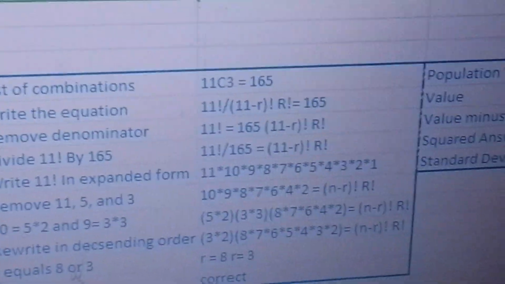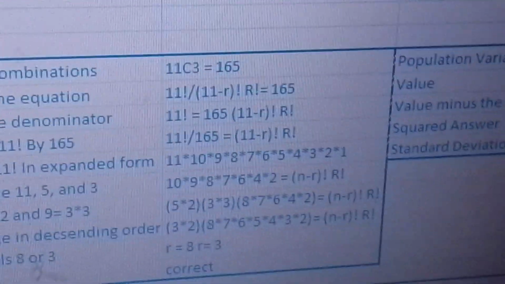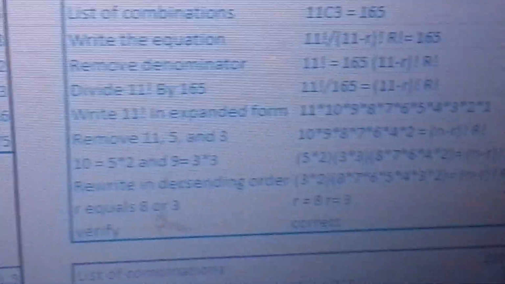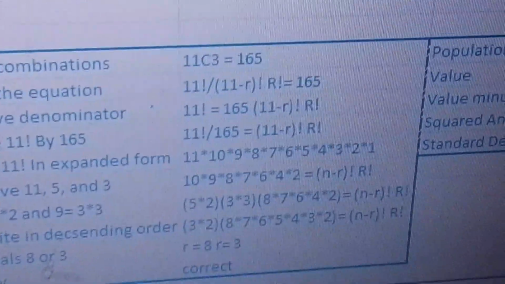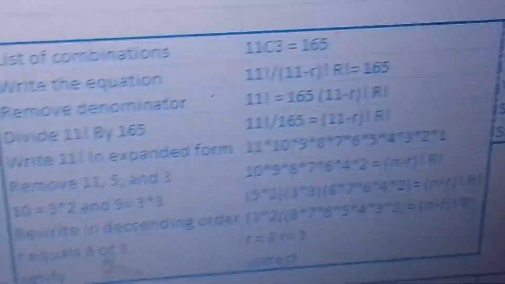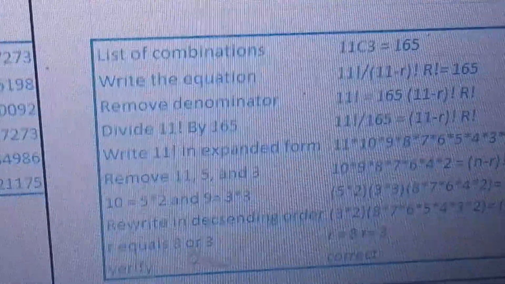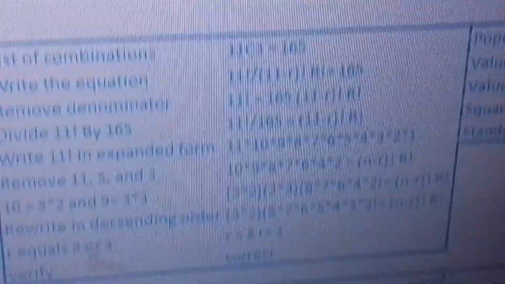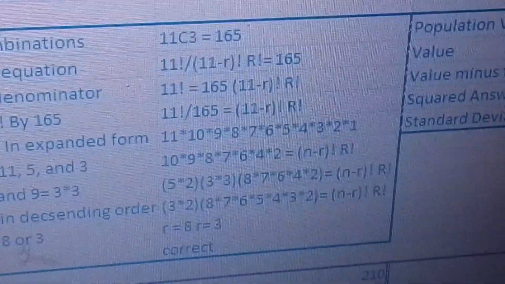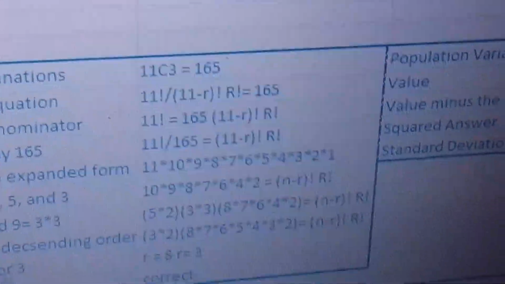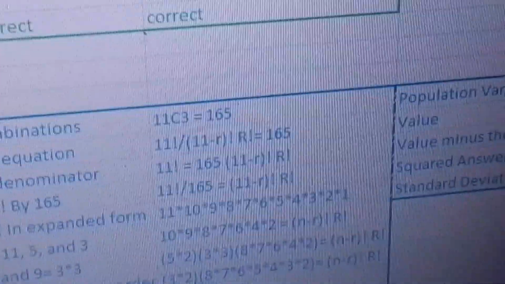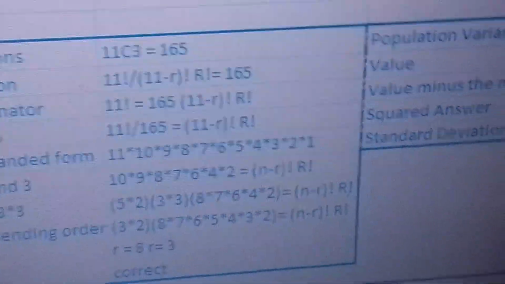So 11 factorial is equivalent to 165 times 11 minus r factorial times the r factorial. Then divide by 165, it goes like this now. Di ba? Then we write 11 factorial in expanded form. Tama? And then we remove 11, 5, and 3, just like what I did there to make 165, because 165 divided by 11 is 15, and 5 times 3 makes 15.